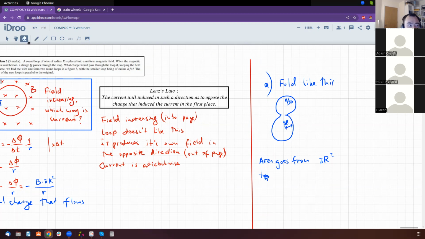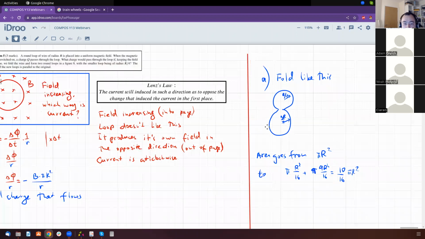So the area goes to pi r squared over 16 plus 9 pi r squared over 16, which is 10/16 pi r squared. So the area goes down from pi r squared to 10/16 pi r squared.